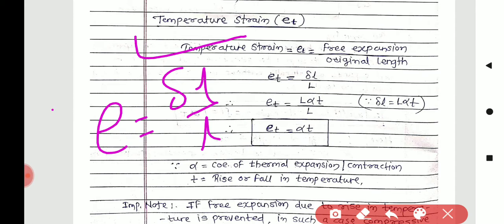Okay, now using this concept we will directly use free expansion. The temperature strain we denoted as ET is free expansion upon original length.